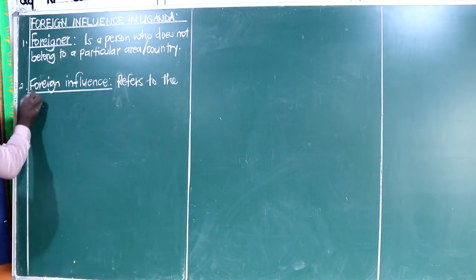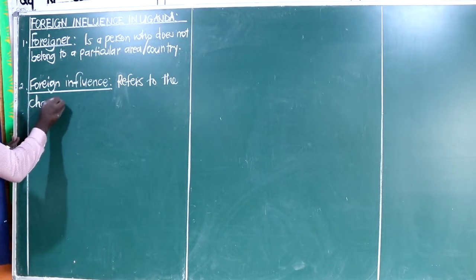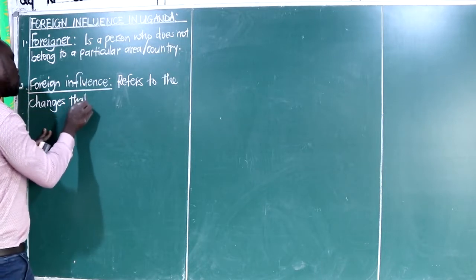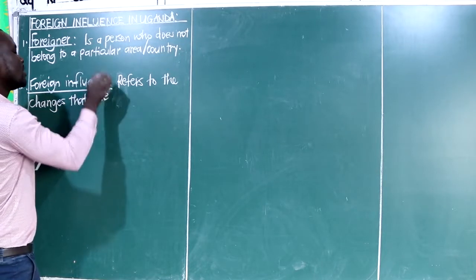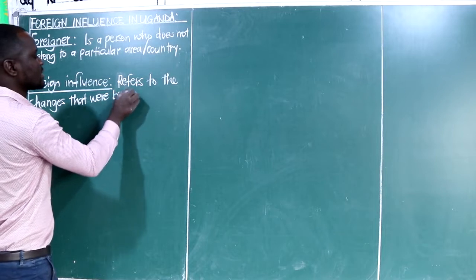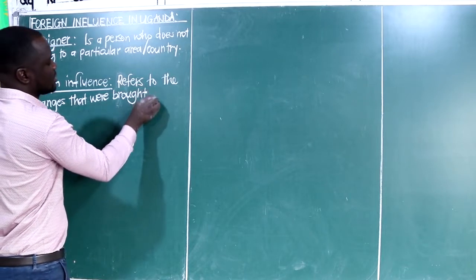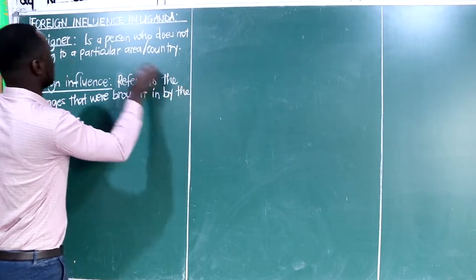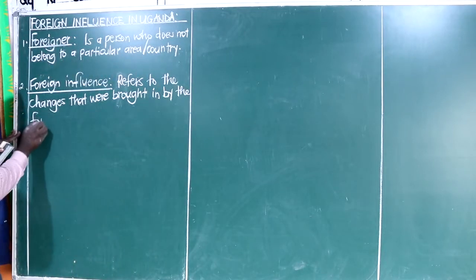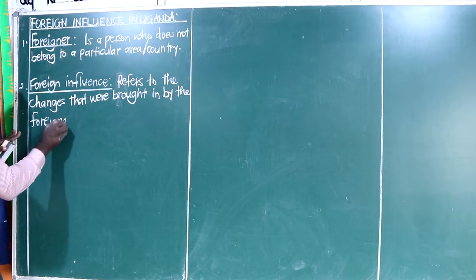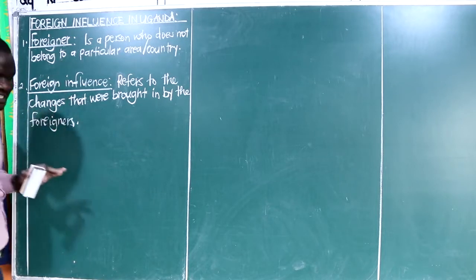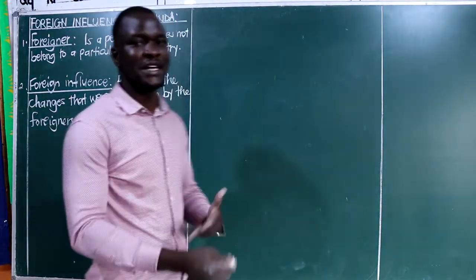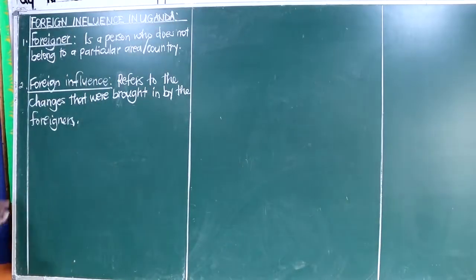Foreign influence refers to the changes that were brought in by these foreigners. That is a very simple definition as well. Changes that were brought in by the foreigners.